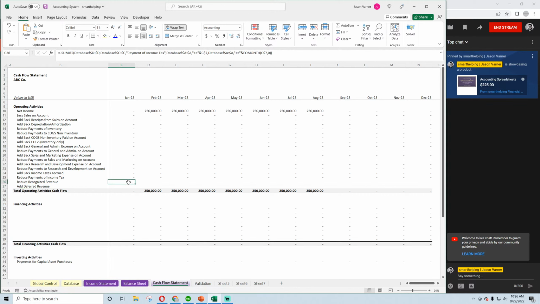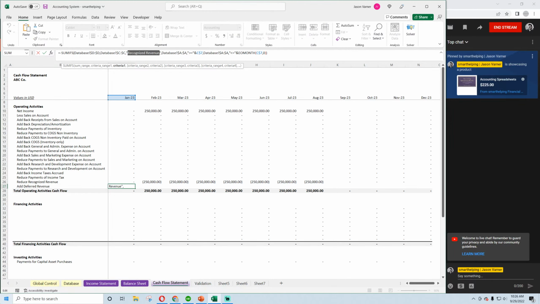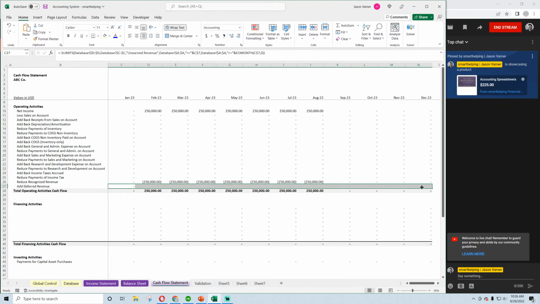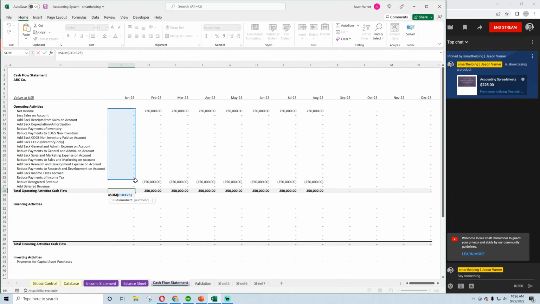So reduce here, so we want to say subtract anything that says recognized revenue, because that actually wasn't cash coming in, even though the income statement is counting it as net income. So subtract that out, and then we actually put a cash increase if it is unearned revenue. Add this.